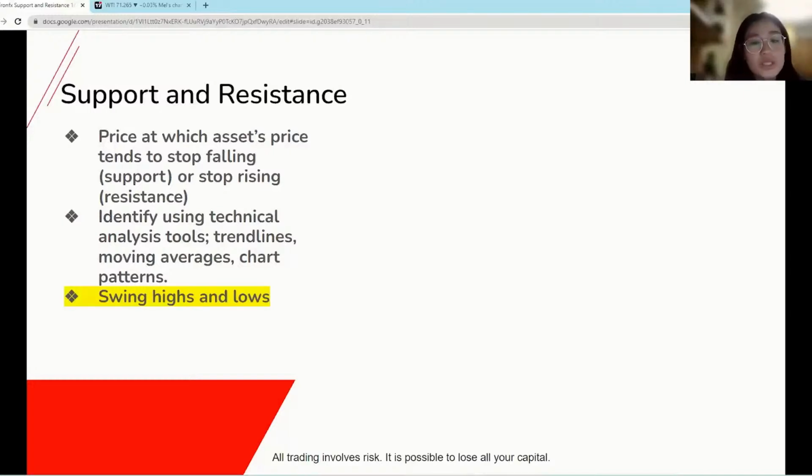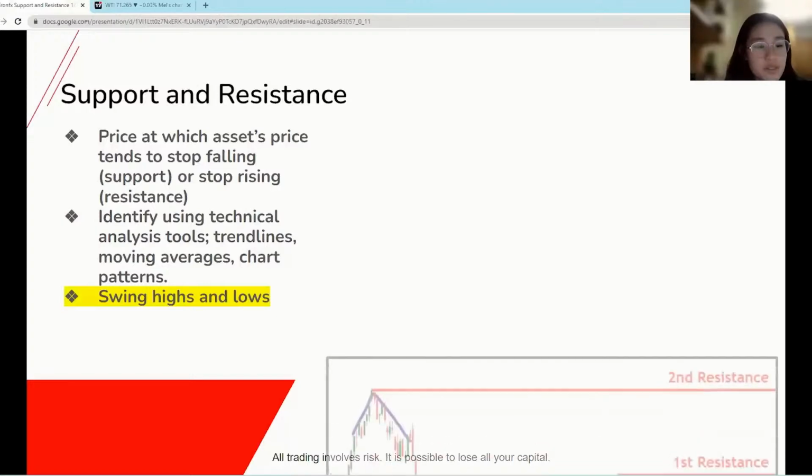Additionally, you can also look at previous highs and lows of the asset, as well as volume data, to identify potential levels of support and resistance. So this is what we'll be focusing on today. It's important to note that these levels are not absolute and can change over time, so continuous monitoring is necessary.